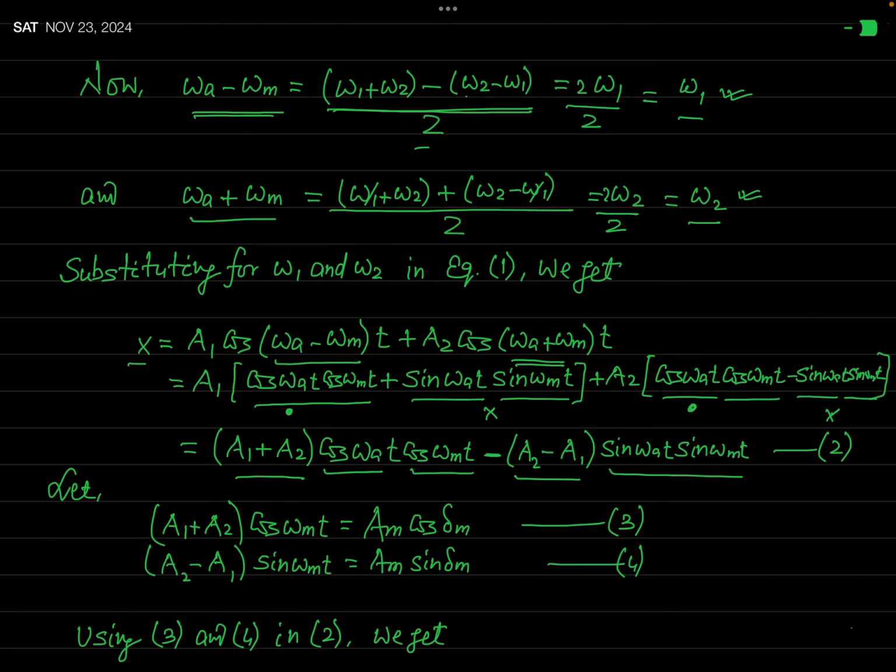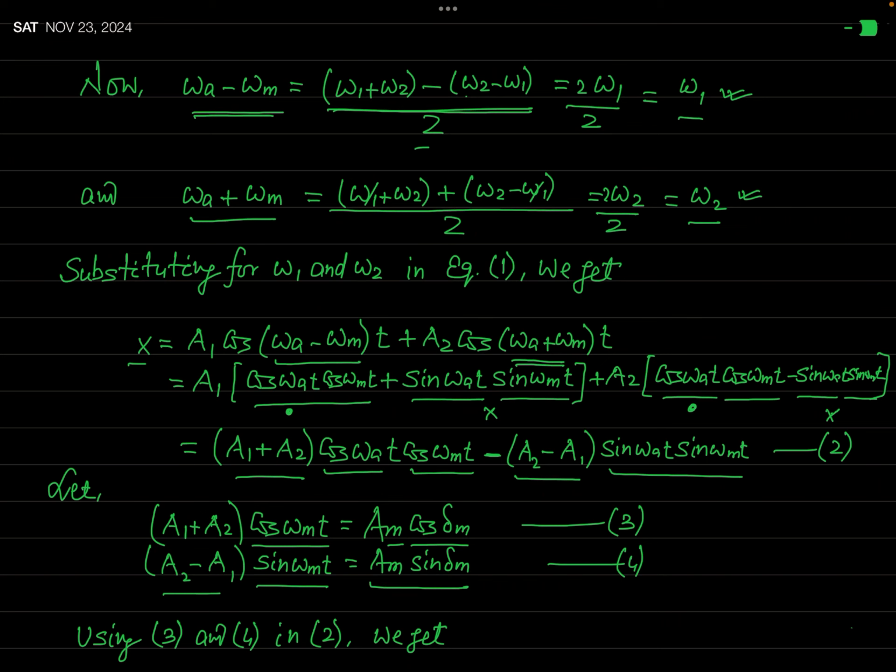Now to recast this equation in a simpler form, we assume that a1 plus a2 cos omega mt is equal to Am times cos delta m. We assume it. And a2 minus a1 times sine omega mt is equal to Am times sine delta m.